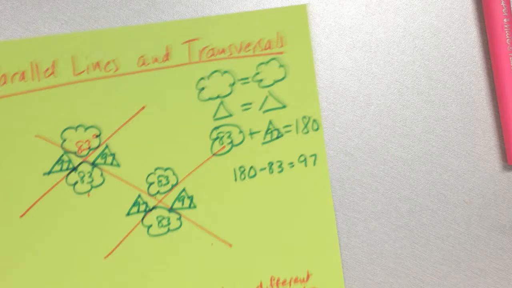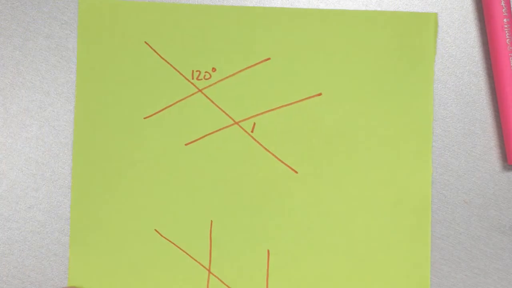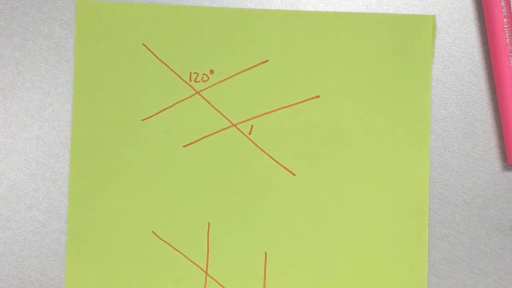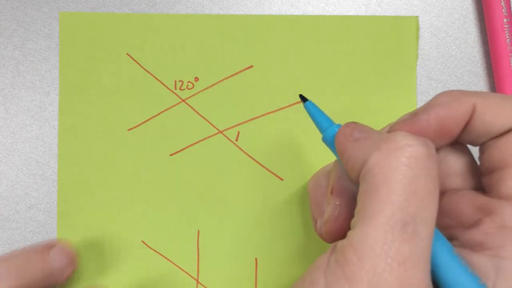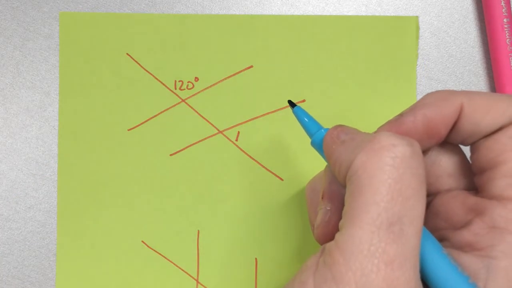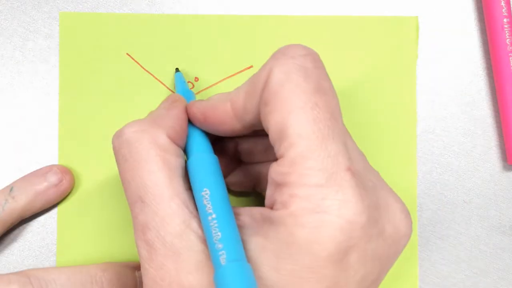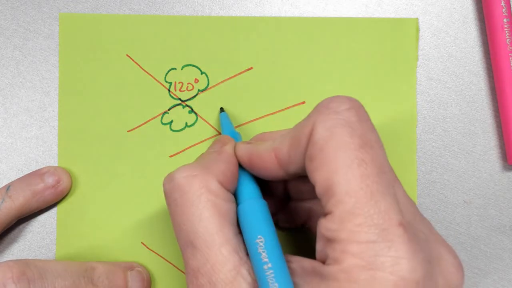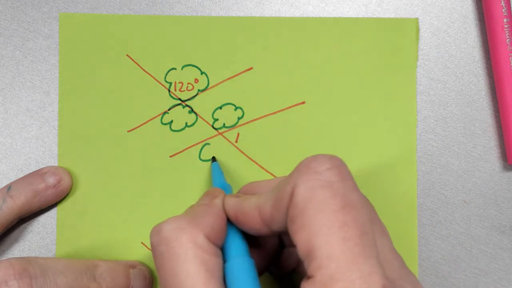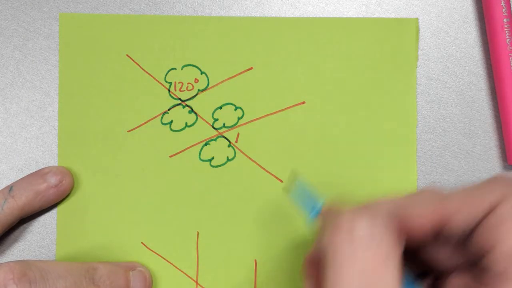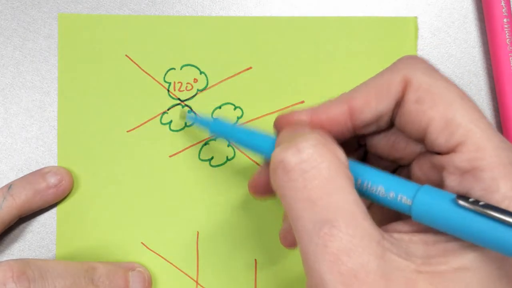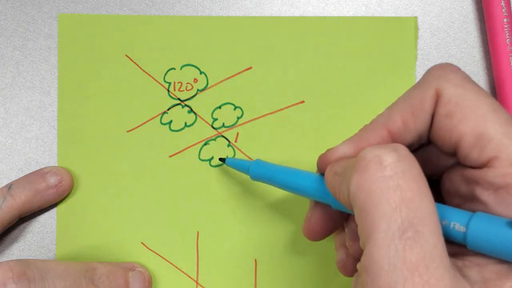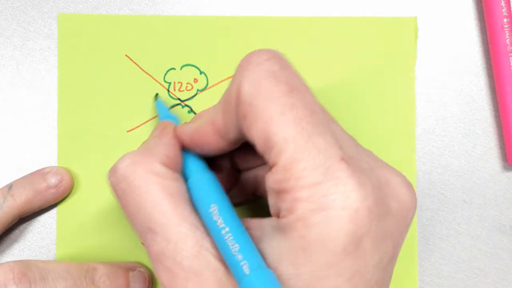Okay, so let's try it. Let's try it on some of these back here. Okay, so step 1, I match code them. So I start with my clouds because that makes me happy. And then I did the angle and its opposite, and then the 2 that correspond.